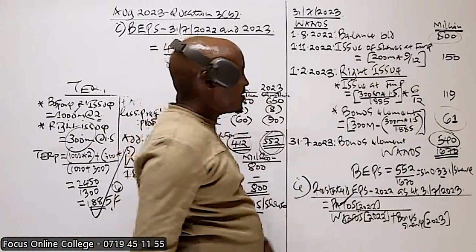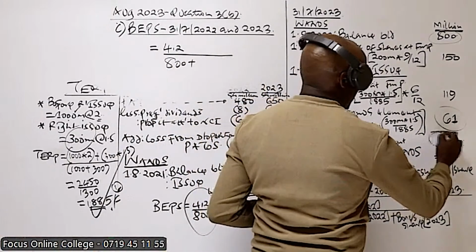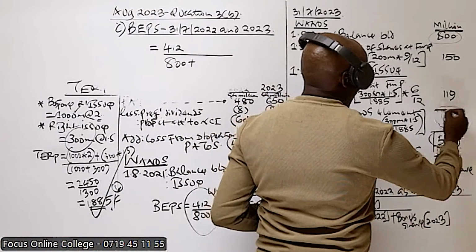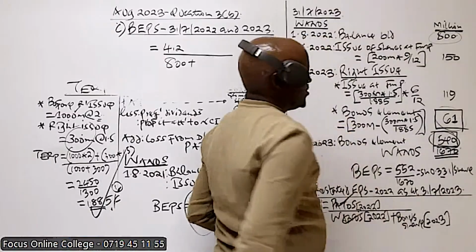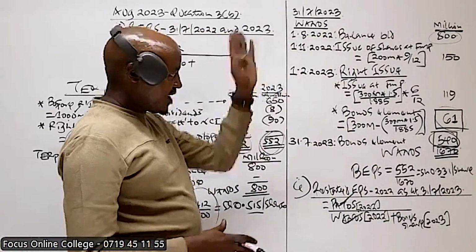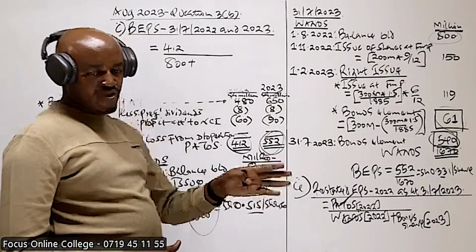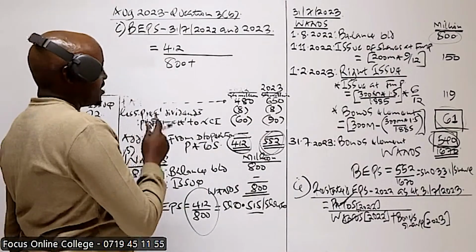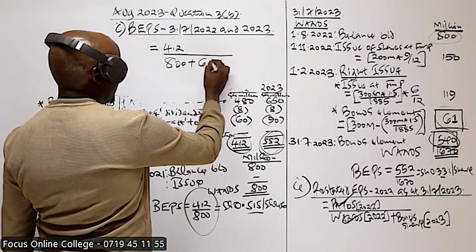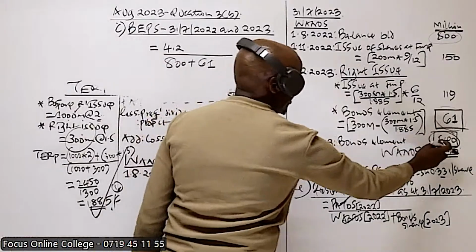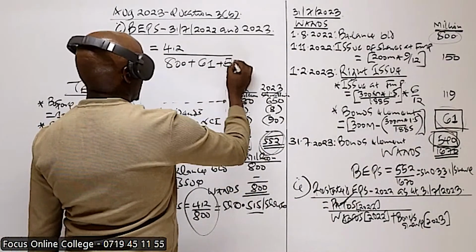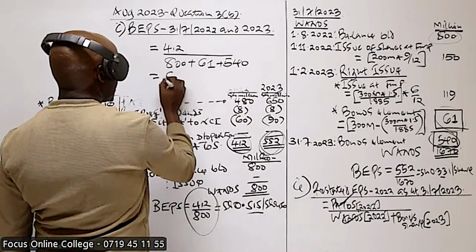And we have that here. So we have this bonus issue, and also we have this bonus element. Those shares which you have not weighted during the current year must be used in terms of restating the EPS of the previous year. So to this, we will add 61, this one, and also that 540.